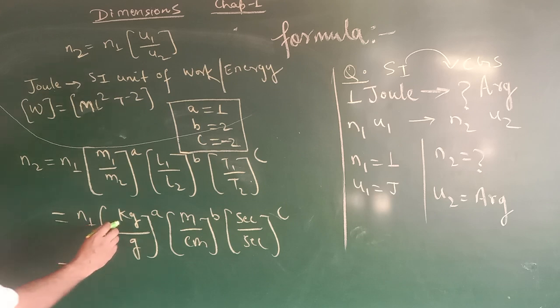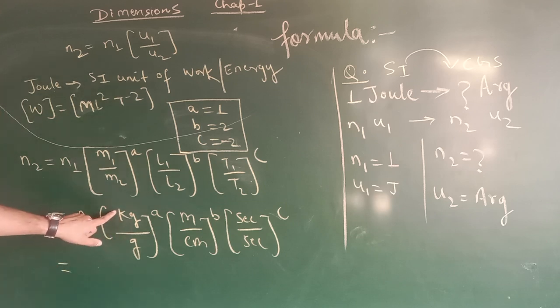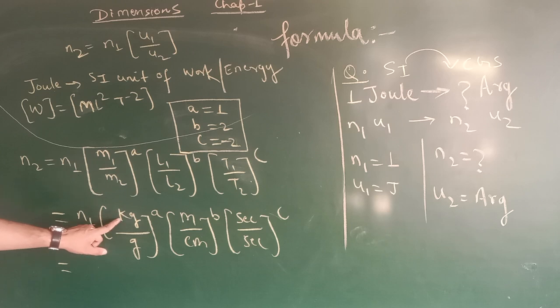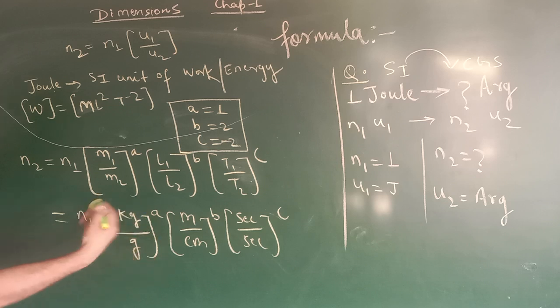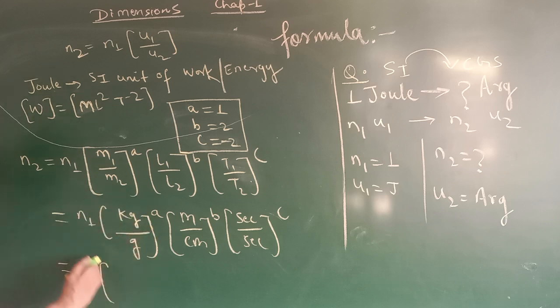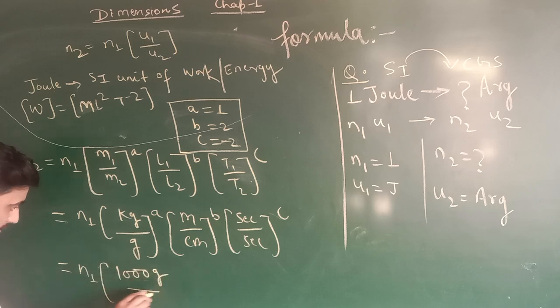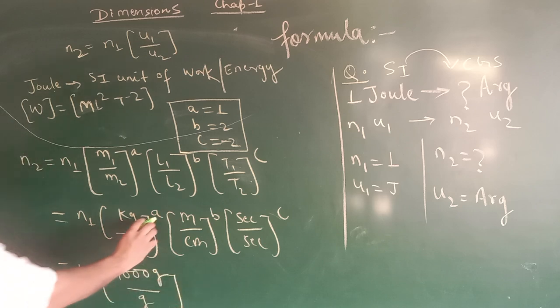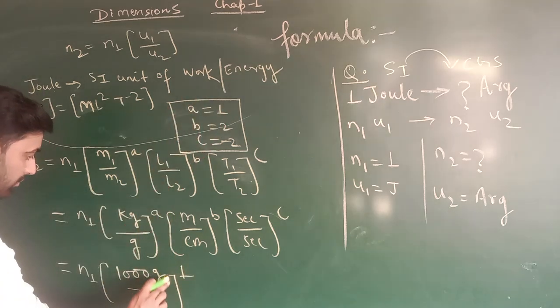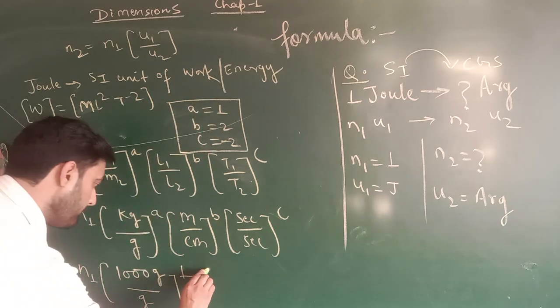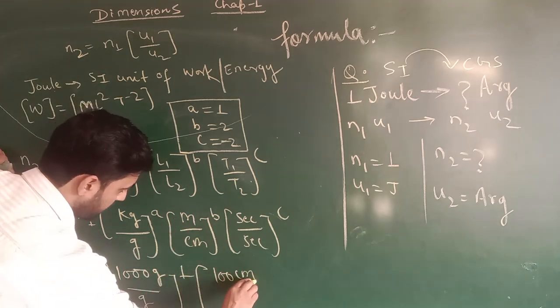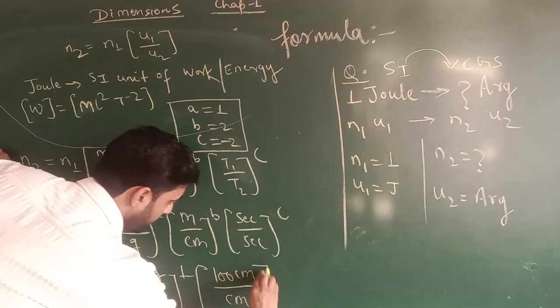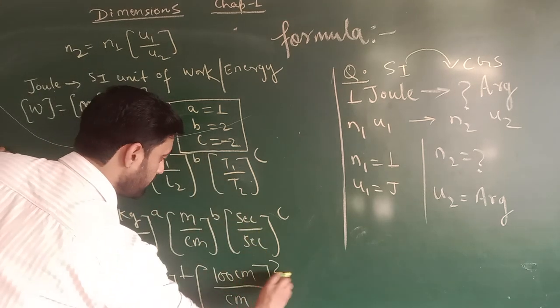Now we have to convert from SI to CGS, so kg and meter should not be visible. Let's convert kg into grams. 1 kg is equal to 1000 grams, to the power a, which means 1. 1 meter is equal to 100 centimeters, to the power b, which means 2.